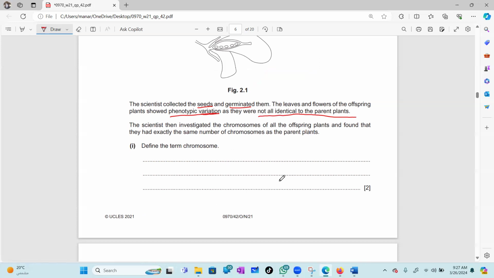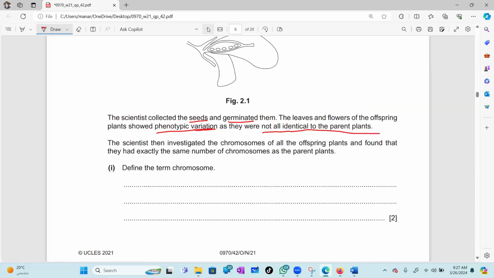Now, there was the definition that is found in your notes, and I sent you another list of definitions that you have to memorize as it is. What is a chromosome? A lot of you gave me the definition of a gene, a length of DNA that codes for a particular protein. This is not the definition of a chromosome. You need to memorize the definitions, whether you like them or you don't.